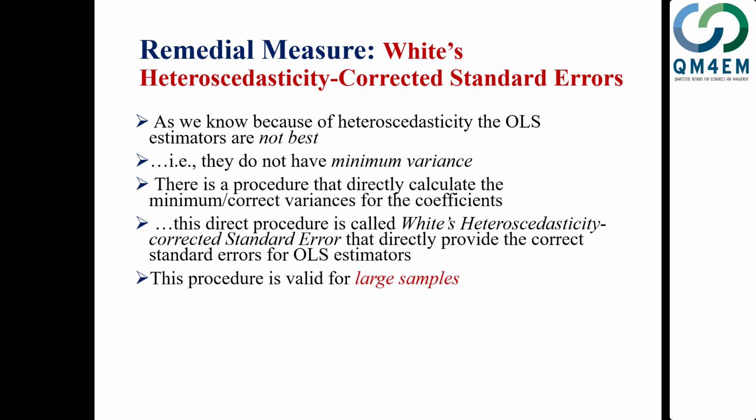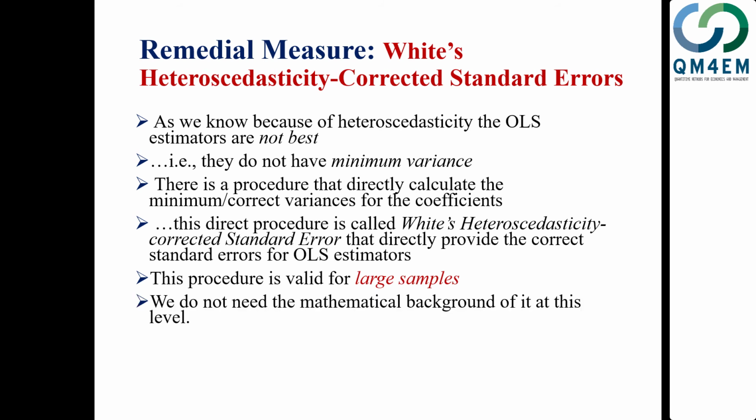We should keep in mind that this procedure is valid for large samples. Now large is a subjective term. We can't say at this stage whether large means 80 observations or 800, but for sure the larger the sample the better it is. As I told you, the mathematical background is not required at this stage, so we will just see how we can apply this method for obtaining the heteroscedasticity corrected standard errors.